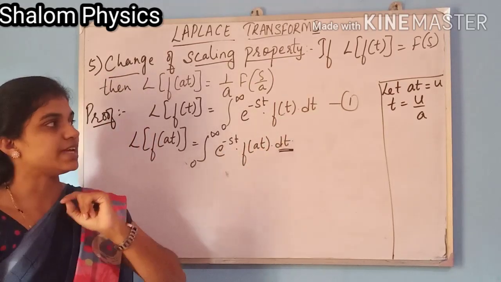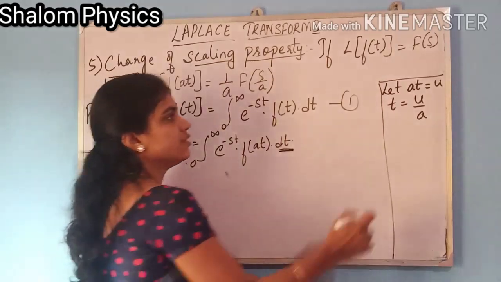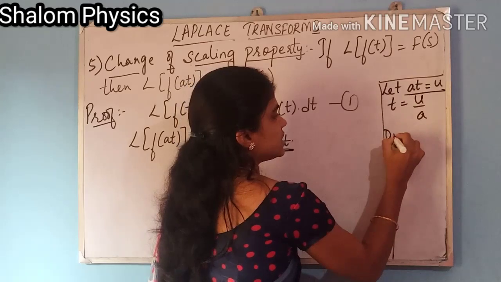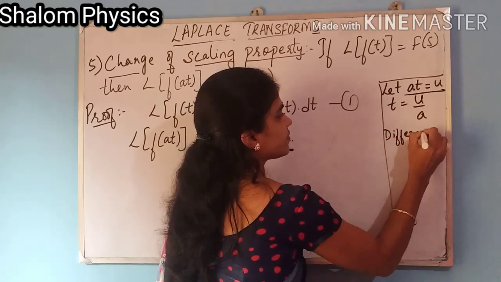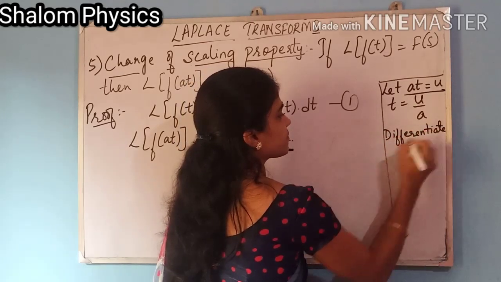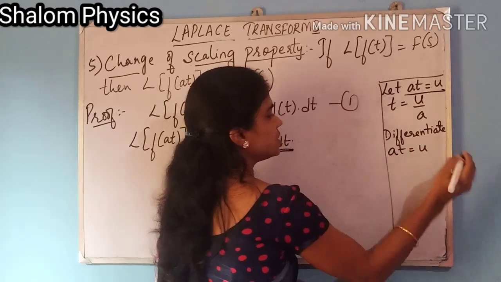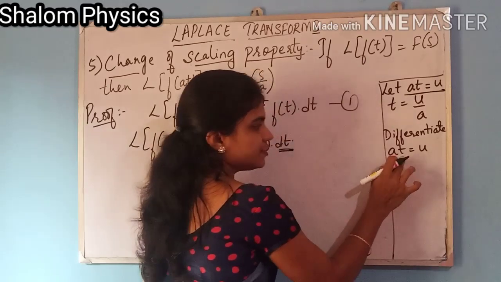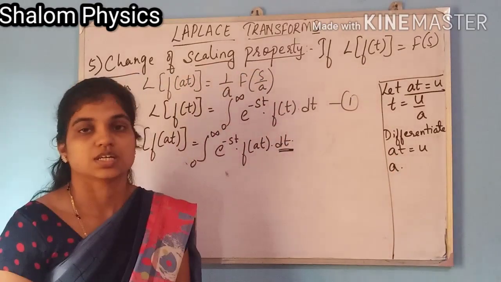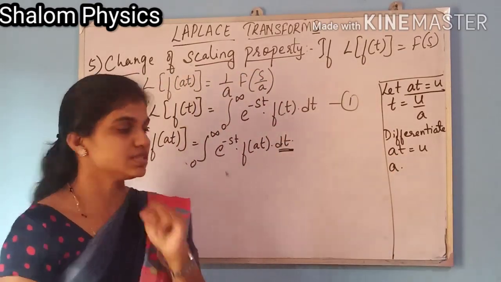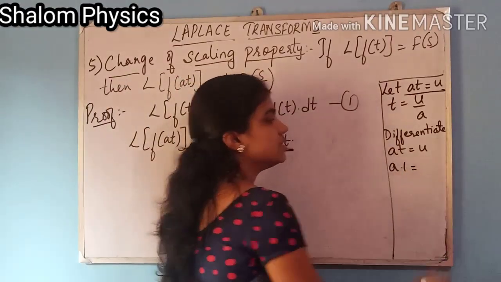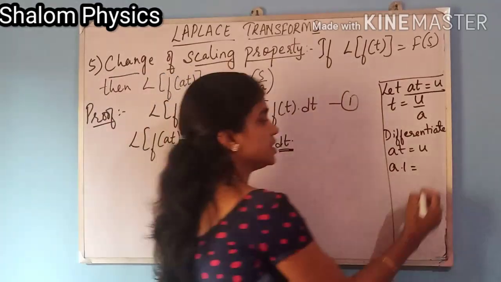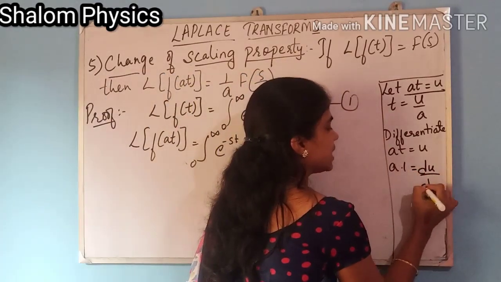So let's see what is the value of dt. For that, we will differentiate this equation. at equals u. Now a is a constant, and differentiation of t with respect to t is 1, and differentiation of u with respect to t is going to be du by dt.